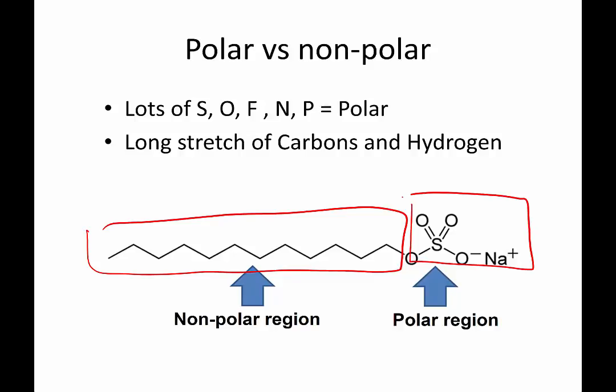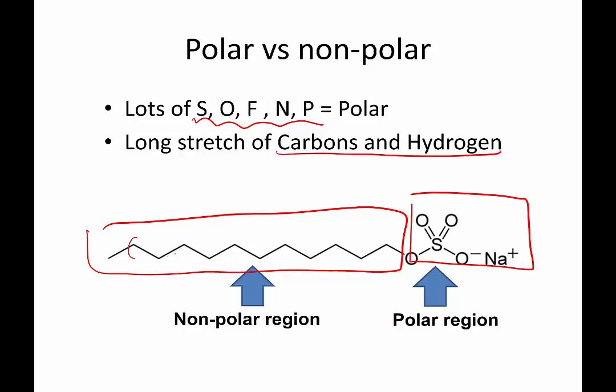So a good way to figure out if a molecule is polar or not is to look for these major elements: sulfur, oxygen, fluorine, nitrogen, and phosphorus. If you see lots of those, generally that molecule is going to be polar. If you see long stretches of carbons and hydrogens, though, as we see with the tail of this molecule, that usually points to it being nonpolar.